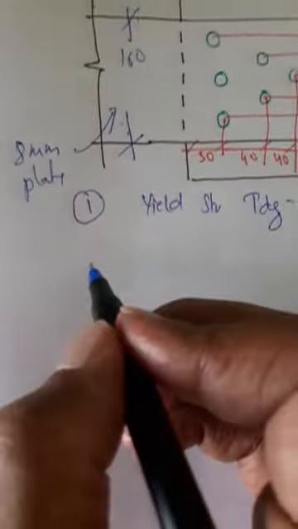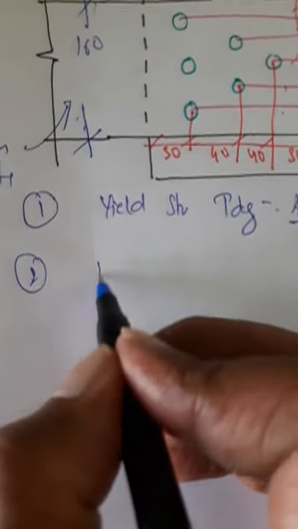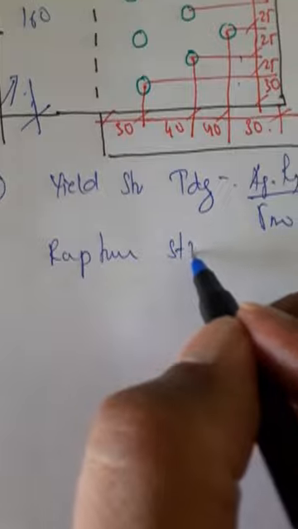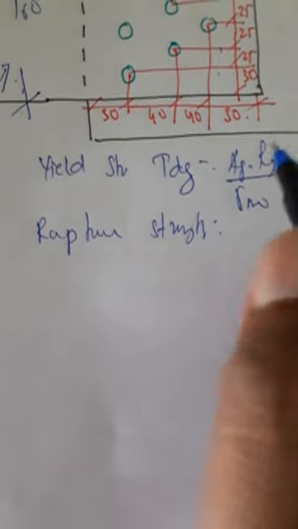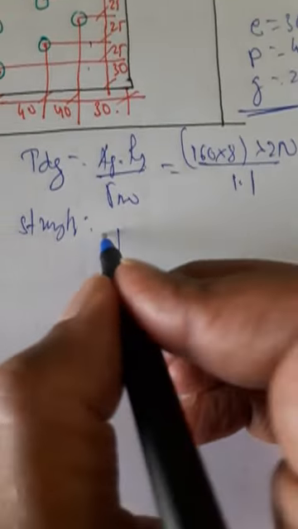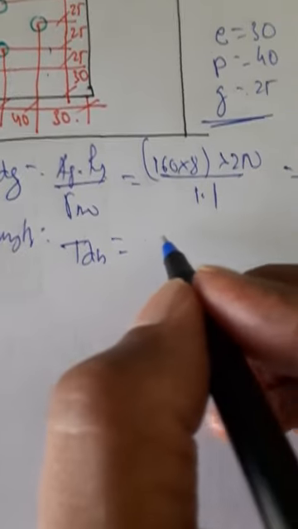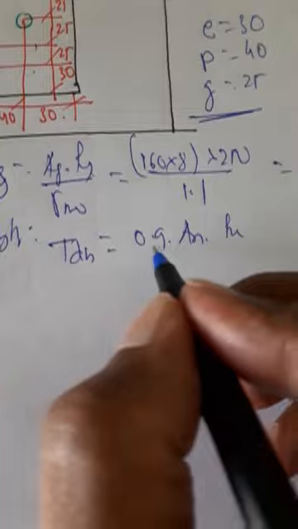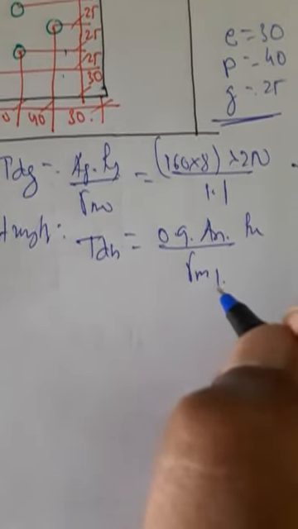Now second, rupture strength. So rupture strength is given by TDN equal to 0.9 AN Fu by gamma m1.